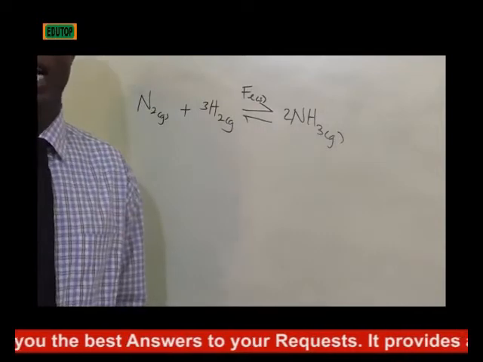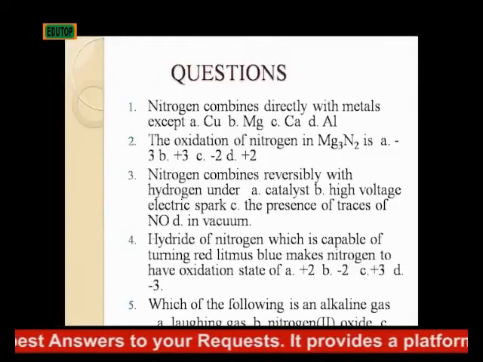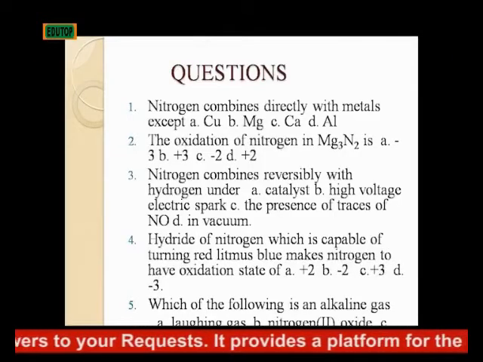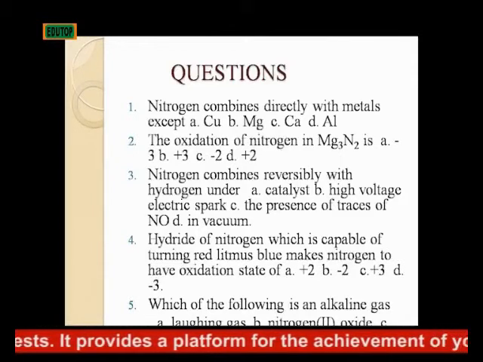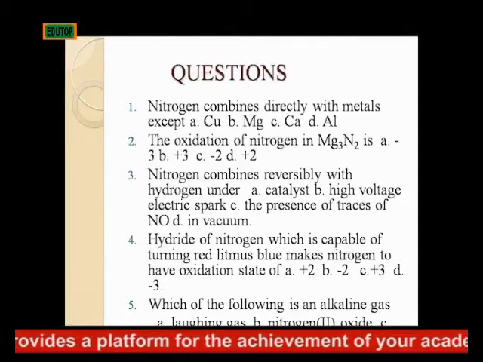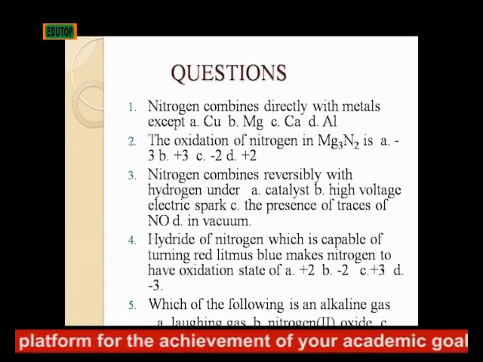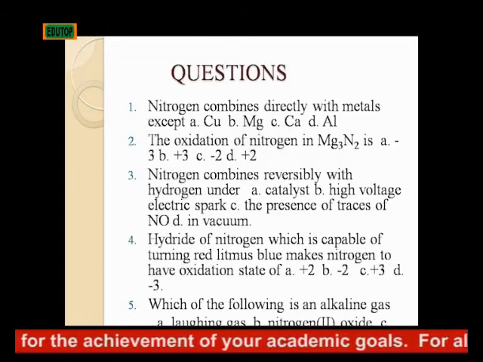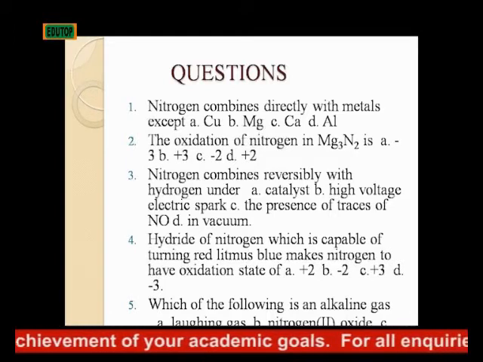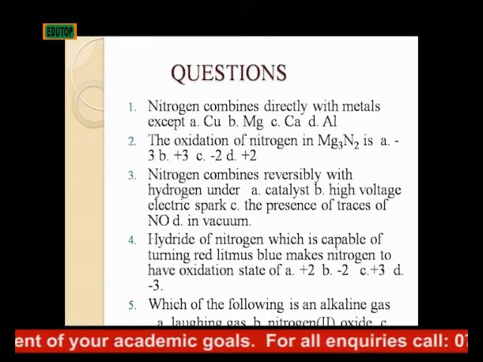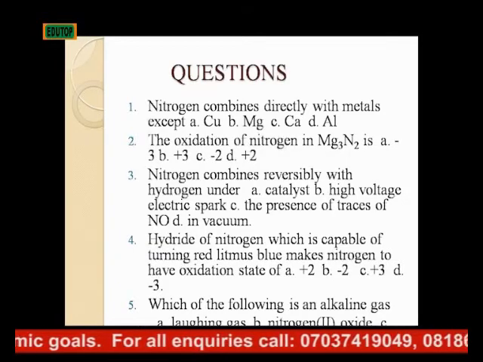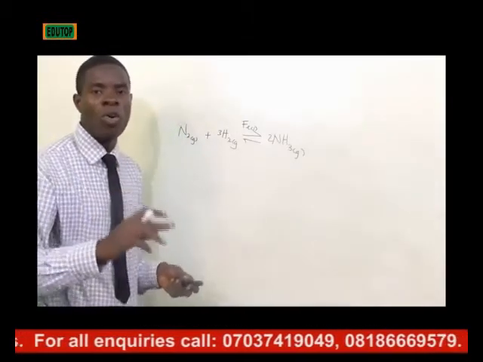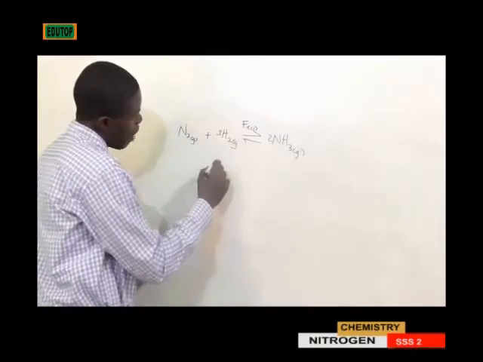Question number 4. Hydride of nitrogen, which is capable of turning red litmus blue, makes the nitrogen have the oxidation number of A plus 2, B minus 2, C plus 3, D minus 3. The commonest hydride of nitrogen that is generally known is ammonia.